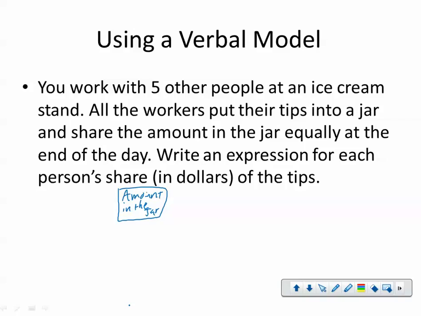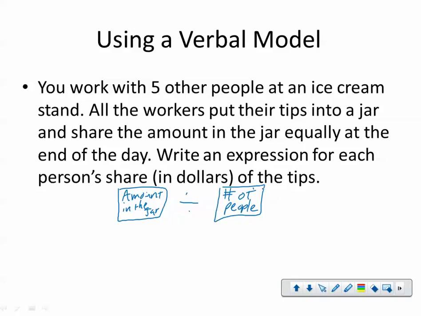And we also have the number of people. And I'm just going to write the number sign there, the number of people. Because the number of people is going to tell us just how much everybody gets, right? If there's $5 in a jar and only one person, that one person gets $5. Whereas if there's $5 in a jar and there's 2 people, they get $2.50. To find out exactly how much everybody's going to get, you need to take this amount in the jar and you need to divide it by the amount of people.